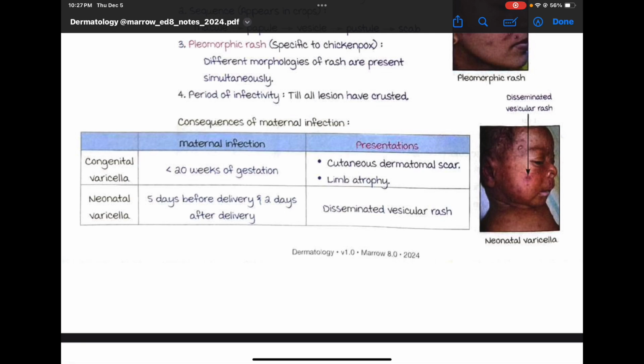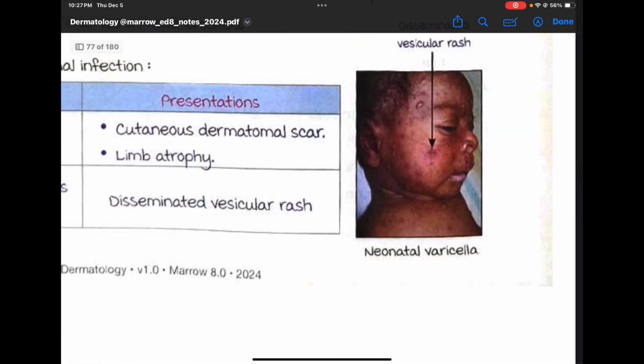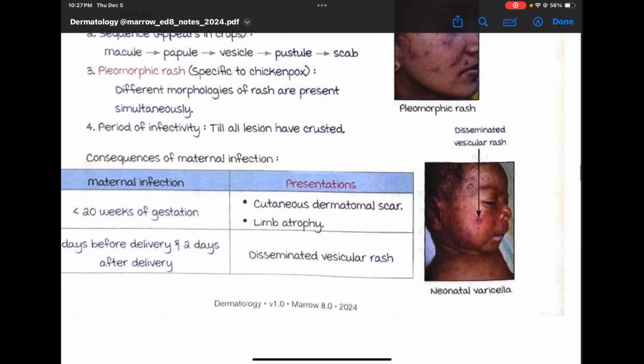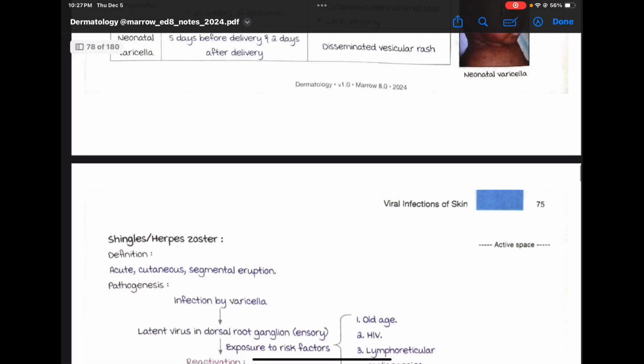Less than 20 weeks, in the formative stages: cutaneous dermatomal scar, limb atrophy. Neonatal is around the delivery: disseminated vesicular rash, as they have shown here. Poor baby.